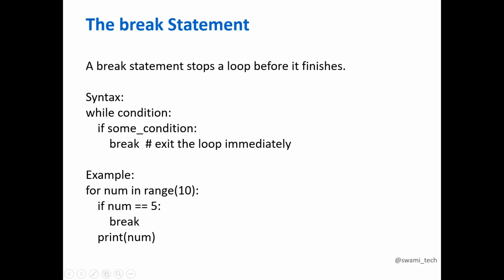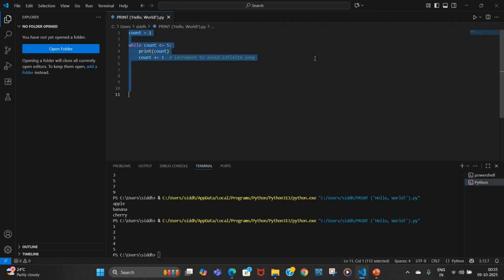Now the break statement. This statement stops the loop immediately, even if the condition is still true. Let's try this out as well. Here, for i in range(1, 6), if i is equal to 4, it is going to break.